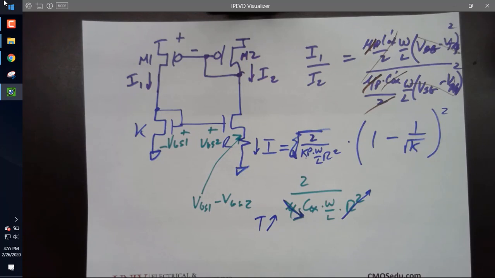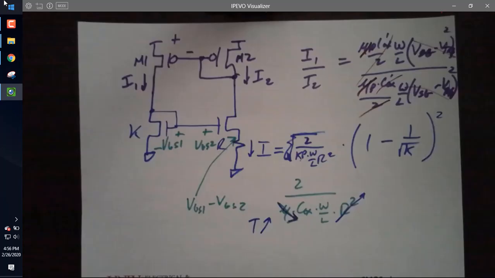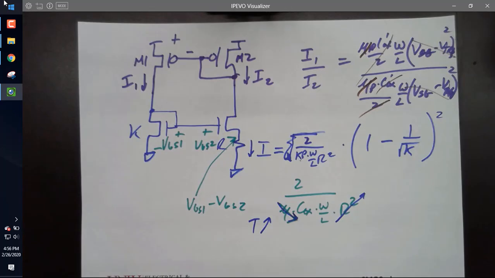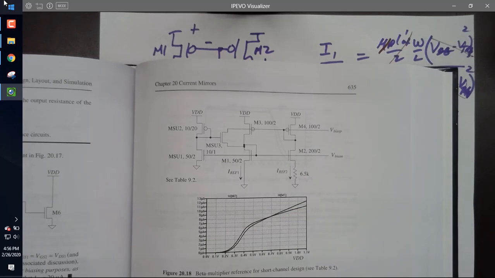So now let's look at something. Suggest a way to make this circuit so that it's less dependent on VDD. What's that? Cascode. Let's cascode it. All right. So in the book I showed you that if we were to just look at the beta multiplier for the short channel process, you would see this huge variation in the current.